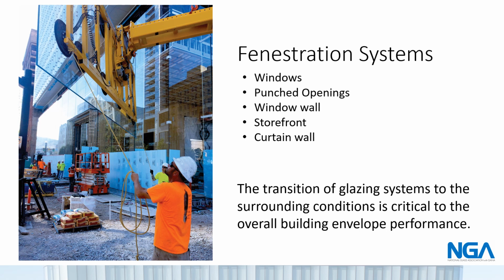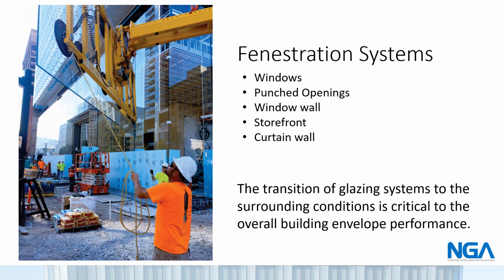Glass fabricators, framing suppliers, spacer manufacturers, and sealant manufacturers combine their products to create an overall energy rating for a glazing system. Current modeling and testing standards determine the U factor of frames and glass as a system. These systems are installed within the building envelope as windows, punched openings, window wall, or typical storefront elevations.